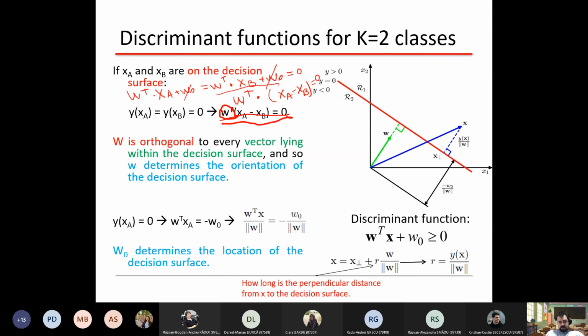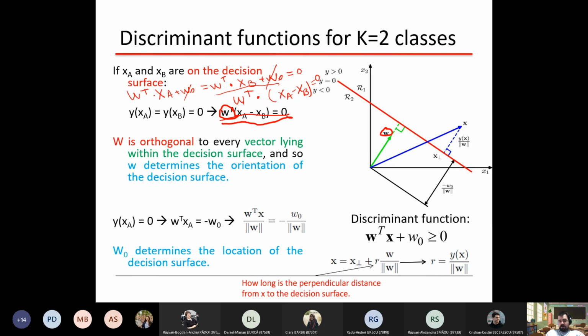And this is extremely important because if the points from the decision surface are all orthogonal on W, so on the vector of the weights, it means that this W actually determines the orientation of the surface, because once we construct the vector W, so the green vector from this figure, all we have to do is to draw the perpendicular on this W, and that will be the decision surface.